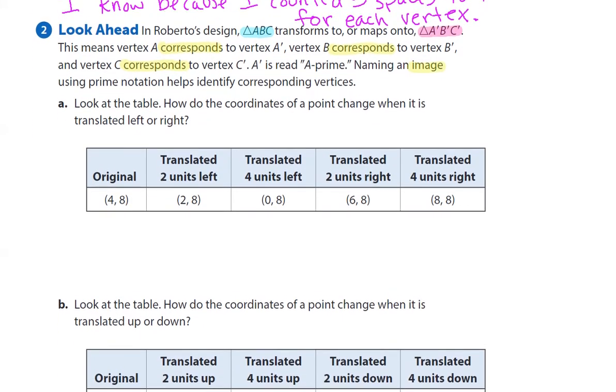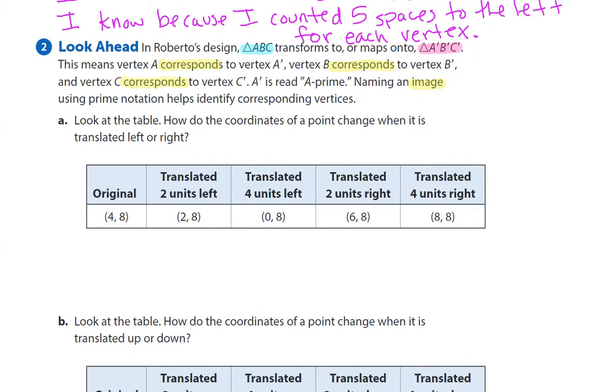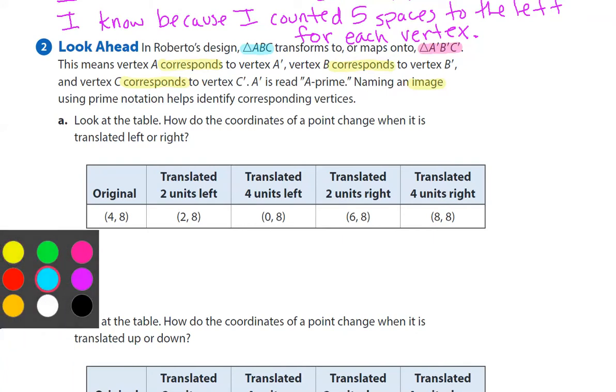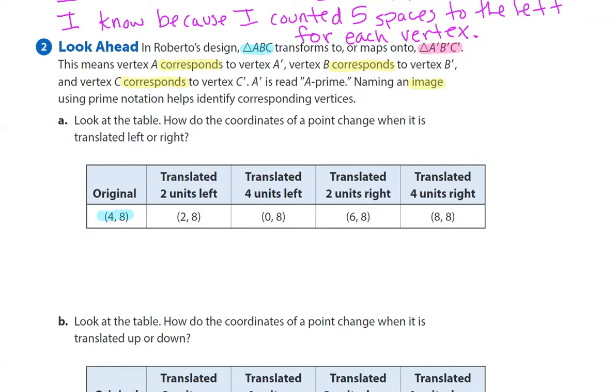So let's look at this table of a new point. So here's the original point, and it has been translated 1, 2, 3, 4 times. And what happens when it translates 2 units to the left? Well, what changed? That changed, but the y stayed the same.